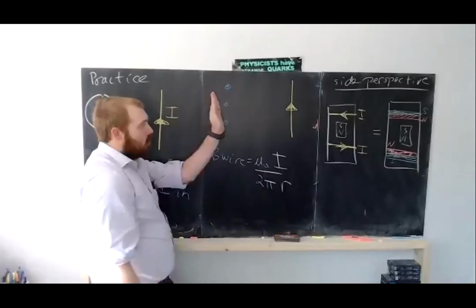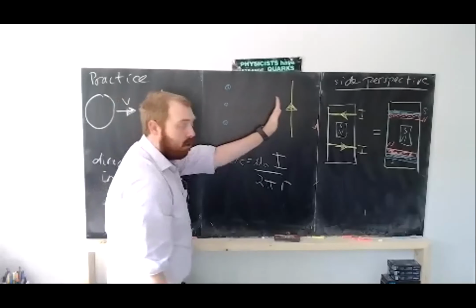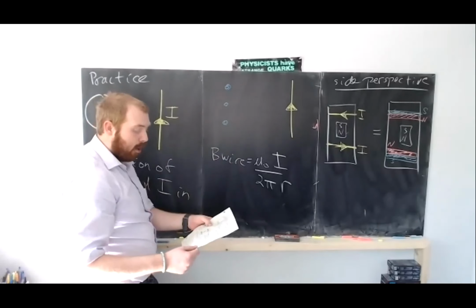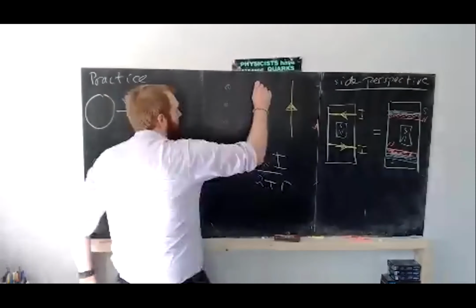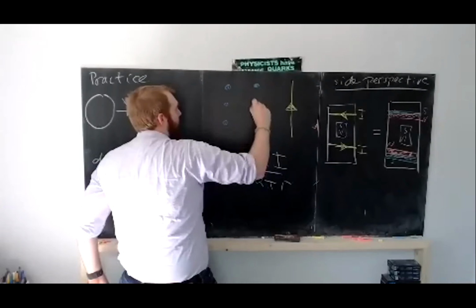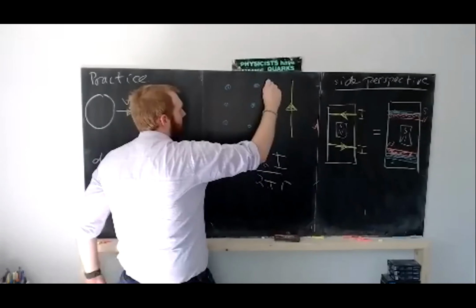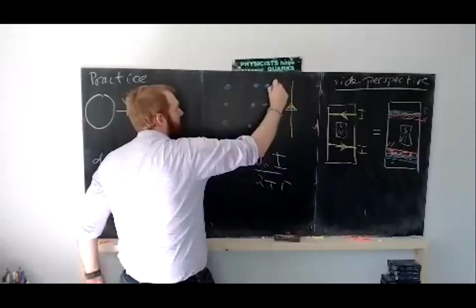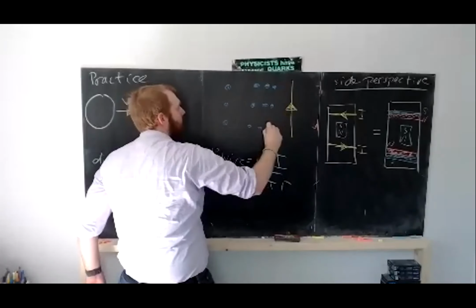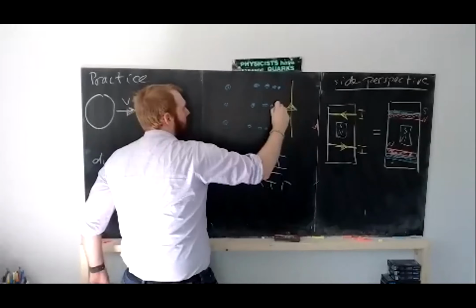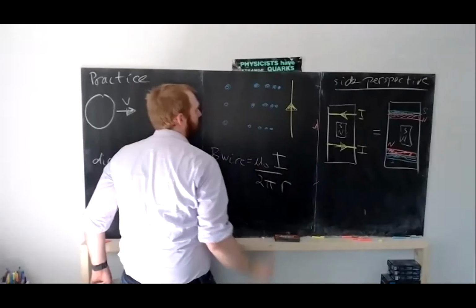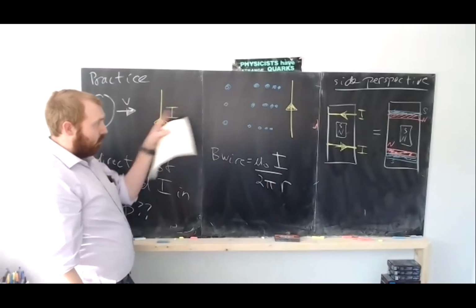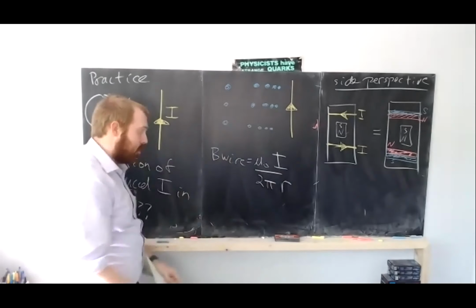So as I get closer and closer to the wire, the magnetic field strength goes up. The way to represent that is the spacing between subsequent dots. They get closer and closer. So as I go that direction, the magnetic field is getting stronger and stronger.